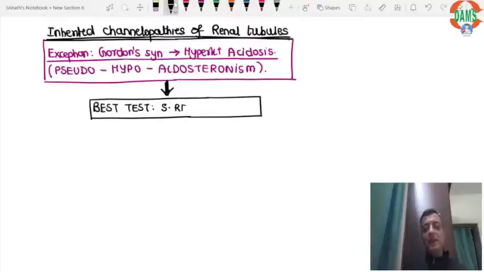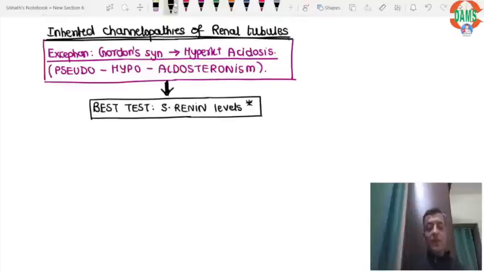The serum renin level is the single best test to differentiate between the types of channelopathy after excluding Gordon's syndrome. Anyway, that is rare.